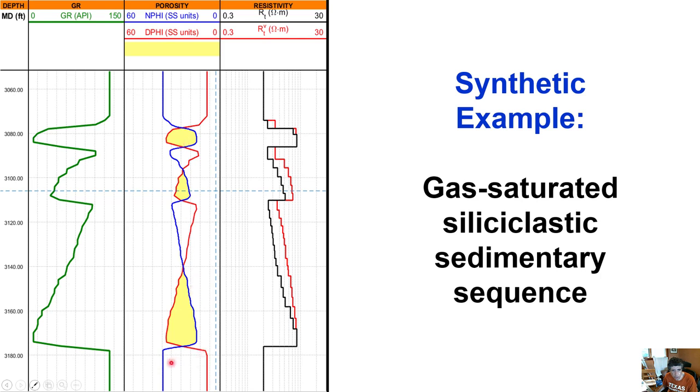But I also want to show you what happens between the resistivity parallel to bedding plane, that is the one in black, and the resistivity perpendicular to bedding plane. We see that now, as the volumetric concentration of shale increases, the degree of discrepancy between the two increases, which means that the rock becomes more anisotropic.